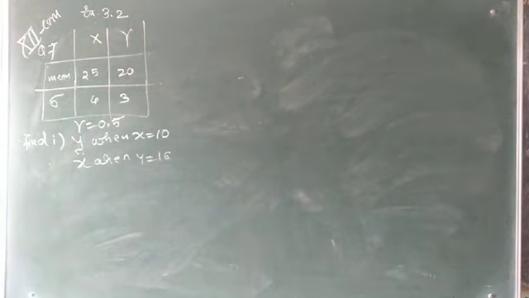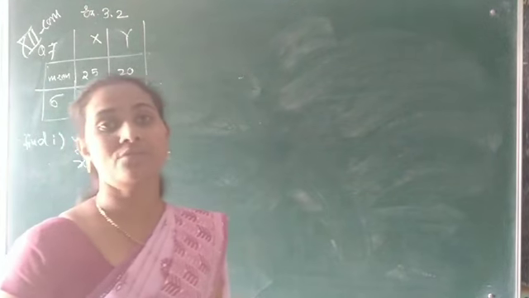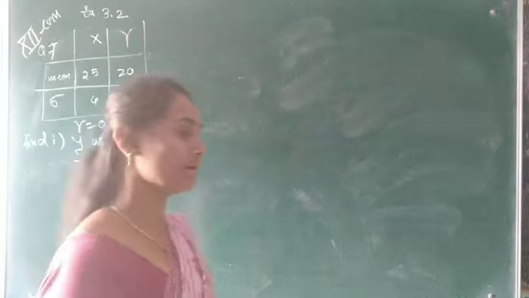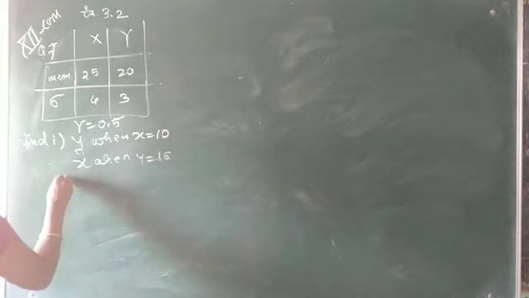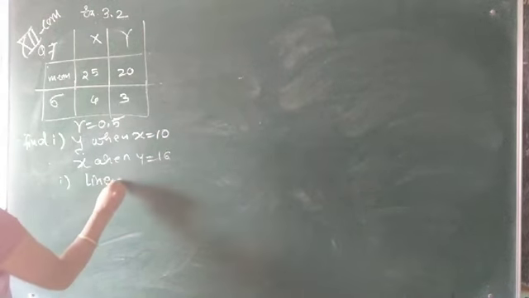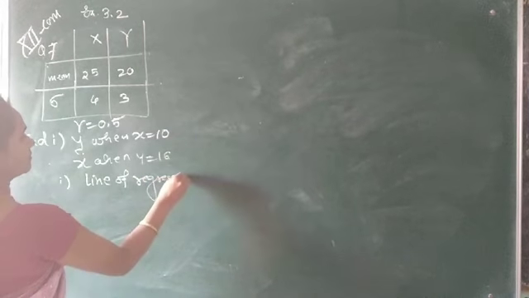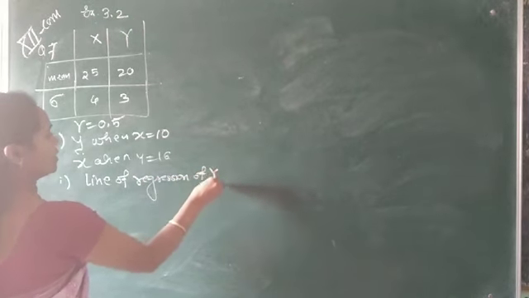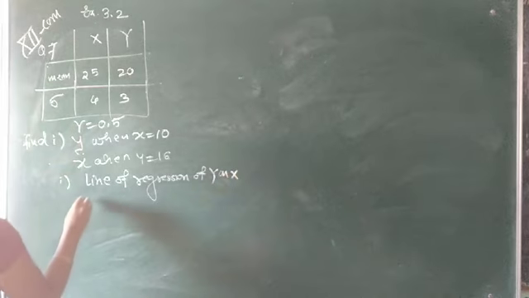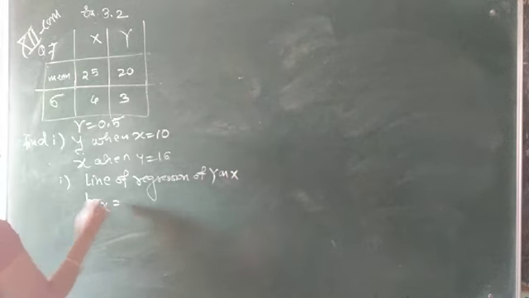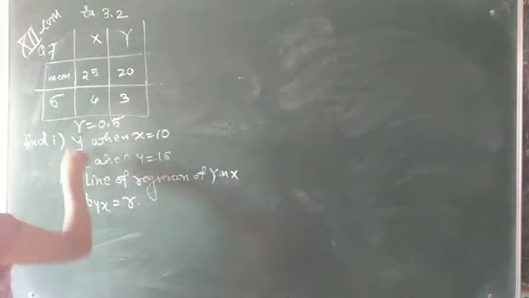So first, if we have to estimate y when x is equal to 10, that means first we have to find the regression equation of y on x. Line of regression of y on x, that is byx, is equal to, first we have to find using this information.